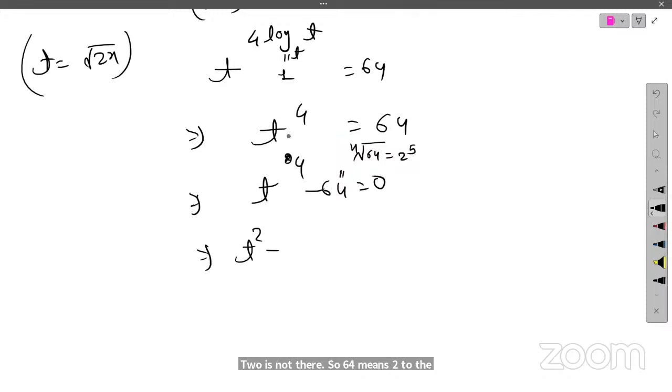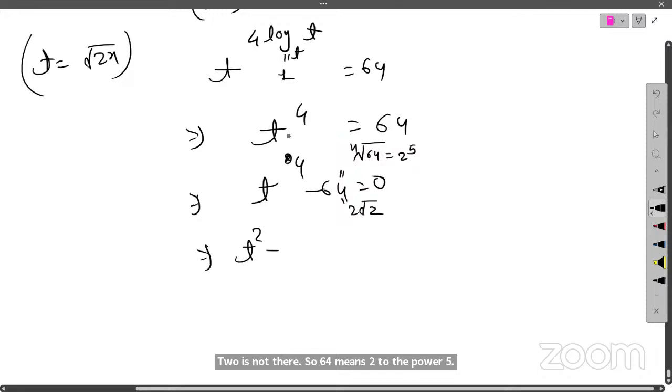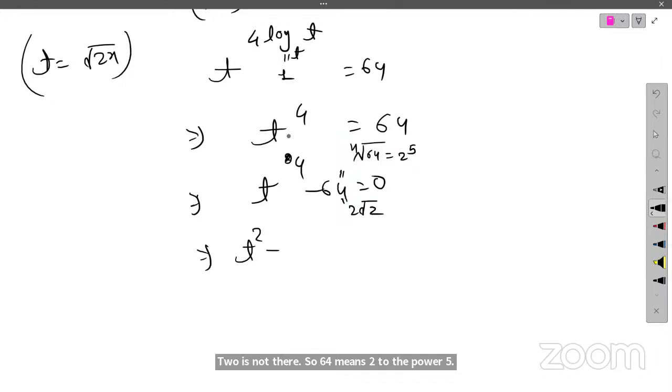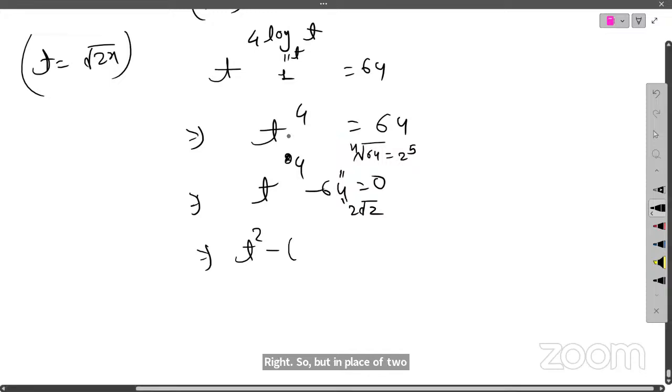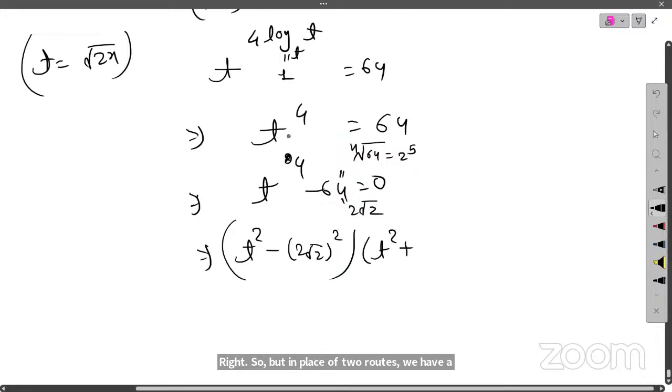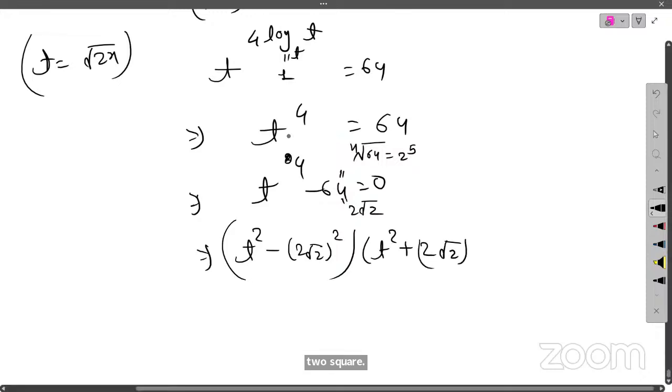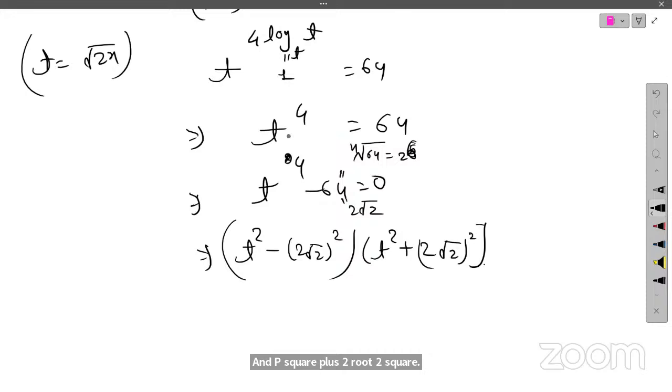So that is 2 root 2, you can say. 2 power 6 will be there, so 2 root 2 is only there, no?